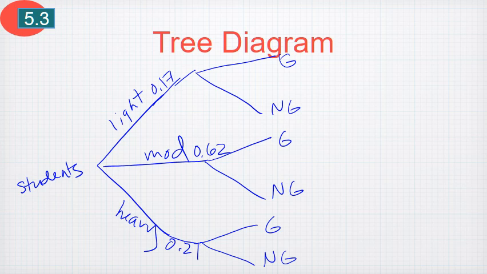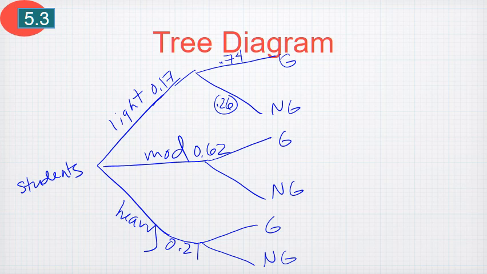We were actually only given the probability of good grades, given that they were light users. So that's 0.74. But how could I figure out the other one, just in case I wanted to know it? It should equal 100%, right? So 1 minus 0.74 should be 0.26.